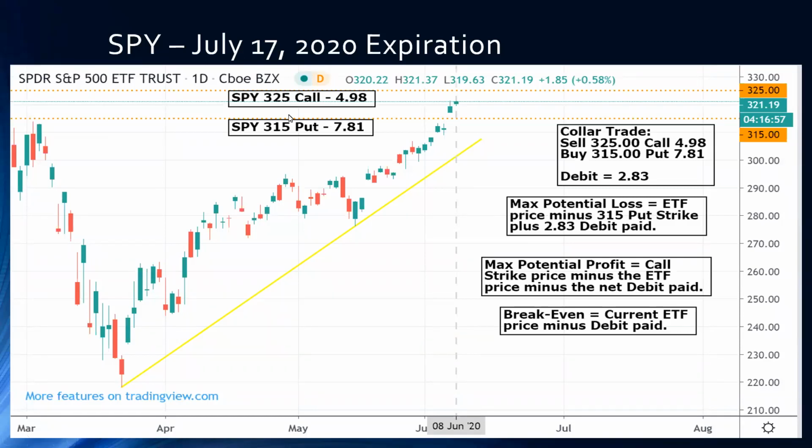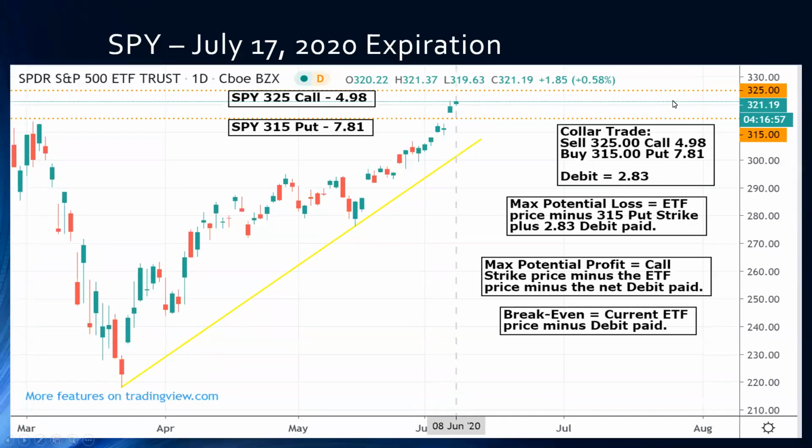Well, like I said, you are bullish, but you're looking for a correction. Now, what happens if the market does keep on rallying? Well, if the market rallies and because you sold the call, it gets exercised, well, you're making money on the ETF. So the only thing you lose technically would be your debit of 283. So we just have to look at it.